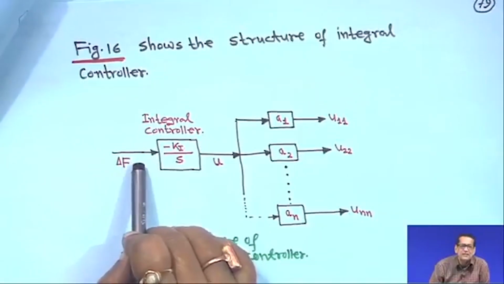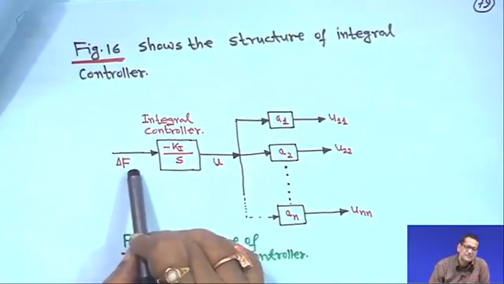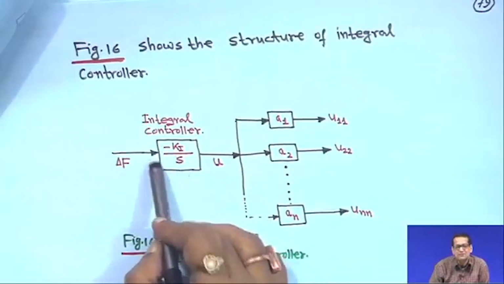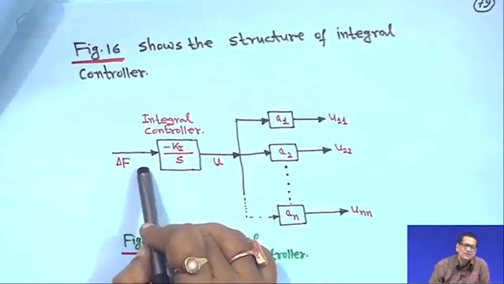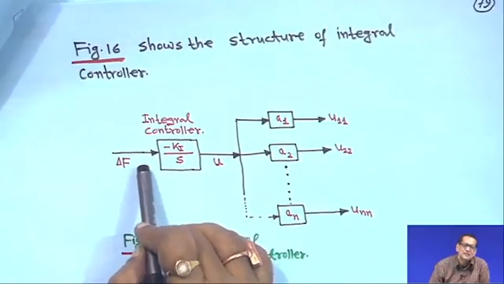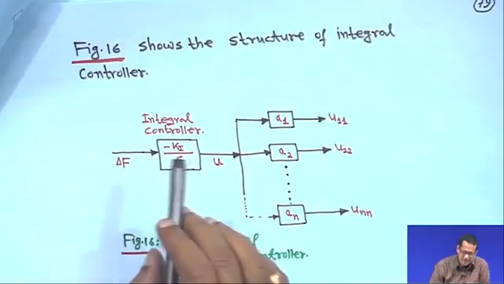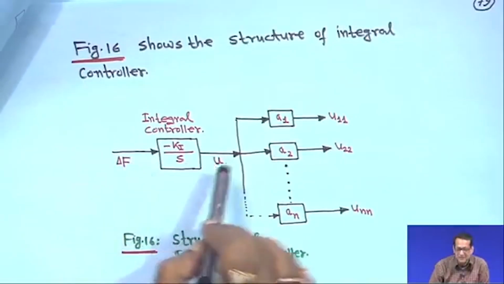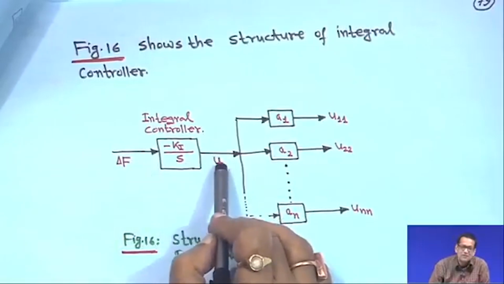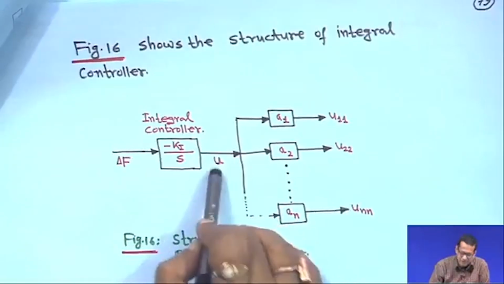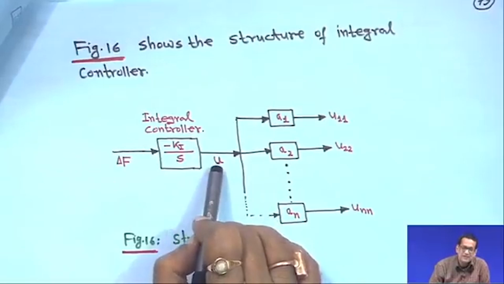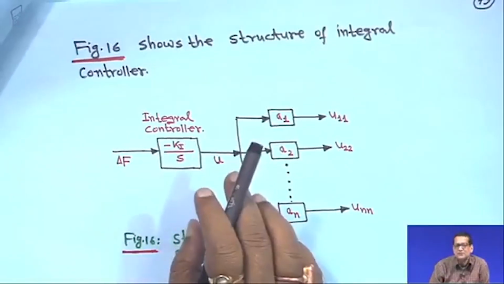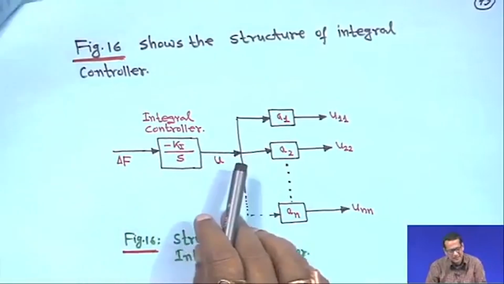For AGC the sampling instant may be 1 second, 2, 4, 6 or 8 seconds, even up to 32 seconds, and accordingly the controller will operate. Even this U, instead of continuous feedback to the unit, can be given after some sampling instant. Those things are beyond the scope, but I am giving you some ideas regarding this concept.